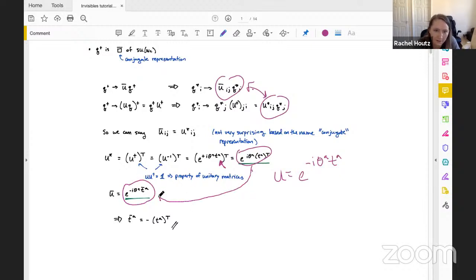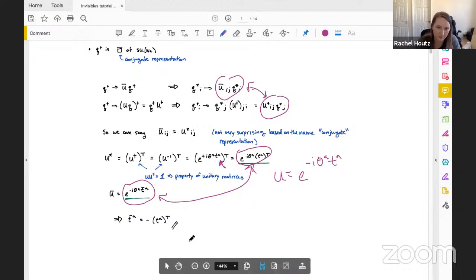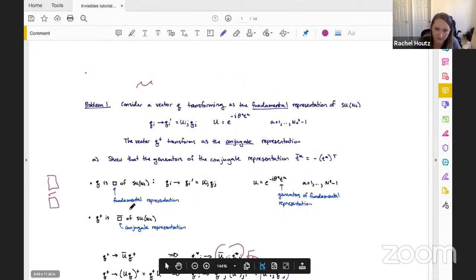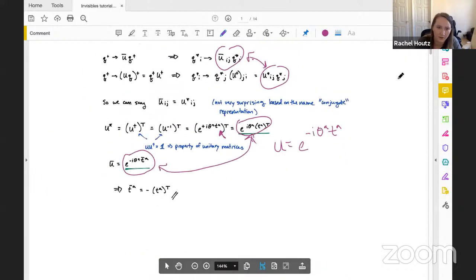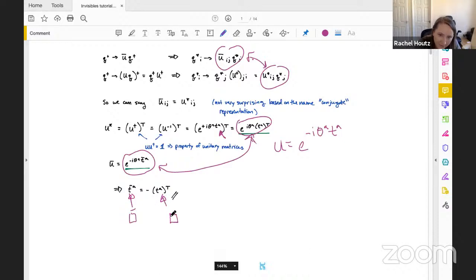And then these two we can set equal, and we find the relationship that we were looking for, which is that the conjugate generators are just the negative of the transpose of the fundamental generators. Sorry, one second, I didn't mean to scroll you away. Okay, so this is how the generators of the conjugate representation are related to the generators of the fundamental representation.